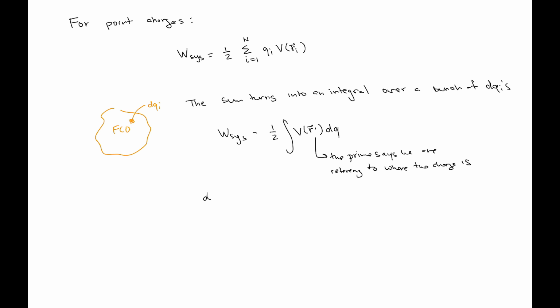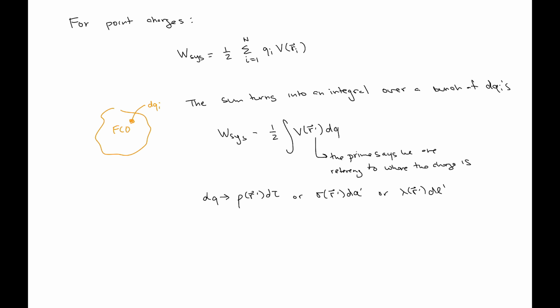Just like we did our other volume integrals, I can replace this dq with a rho times d tau if it's a volume, or I can replace it with a sigma dA if it is a surface charge, or I can do lambda dl if it's a line of charge.